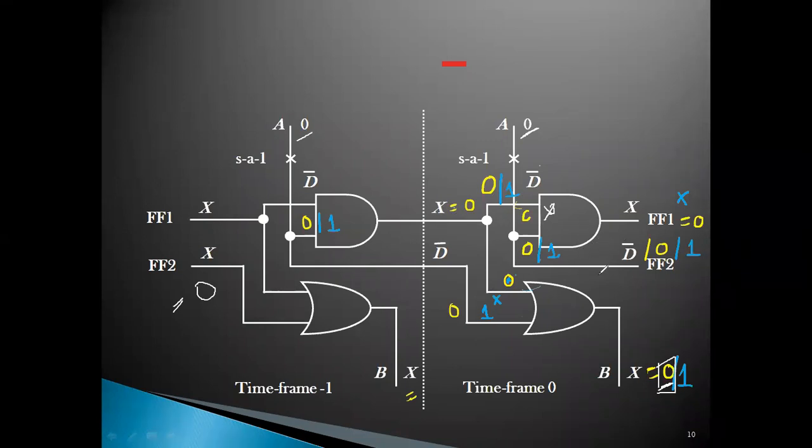But on this line, I am getting the value 1. Here I am going to get the value x till I am able to determine to the previous cycle. आउटपुट के लिए भी मुझे पिछले साइकिल में जाना पड़ेगा, because वो FF2 पे डिपेंड कर रही है और FF1 पे डिपेंड कर रही है, जो दोनों ही अननोन है मेरे लिए.